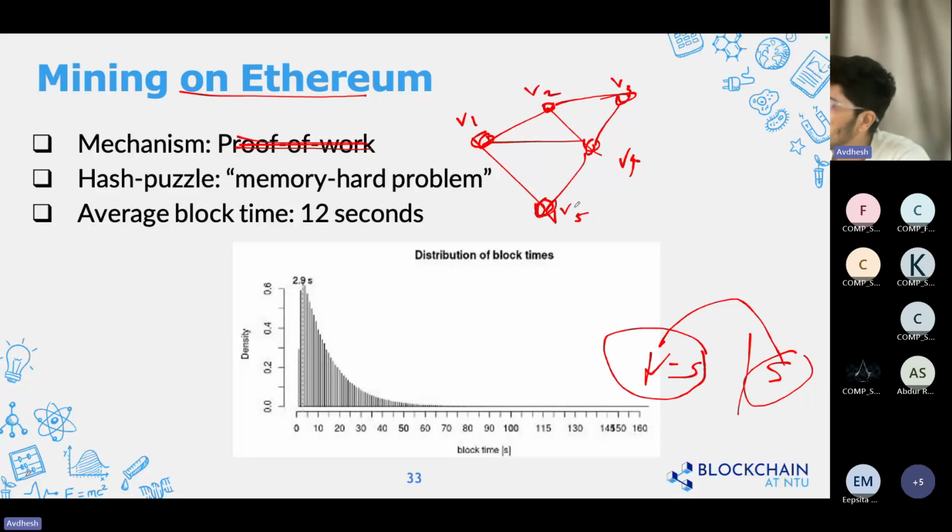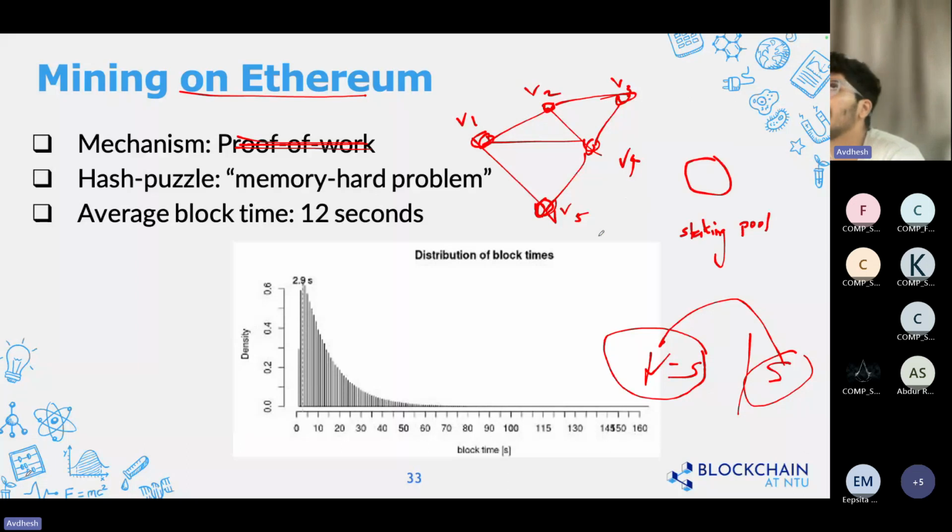So what they are doing is creating all the validators that want to participate in this network. They're creating a pool, called a staking pool, and everyone is adding their own Ethereum. Right now, I think to run a validator node, it's 32 Ethereum.